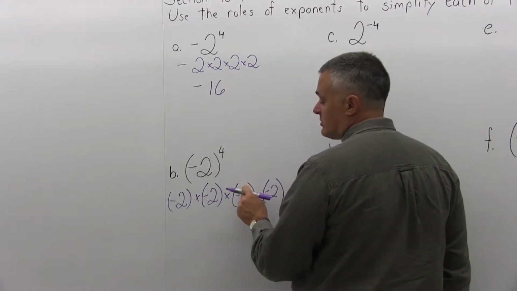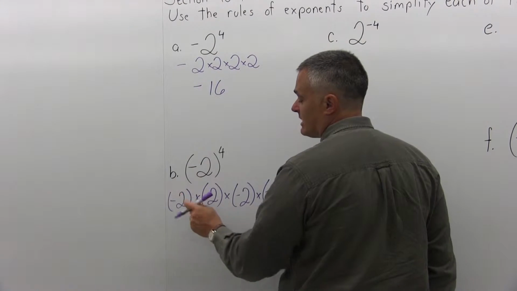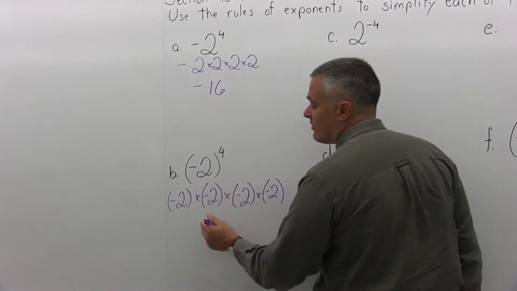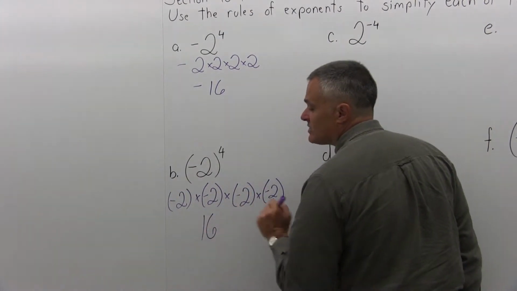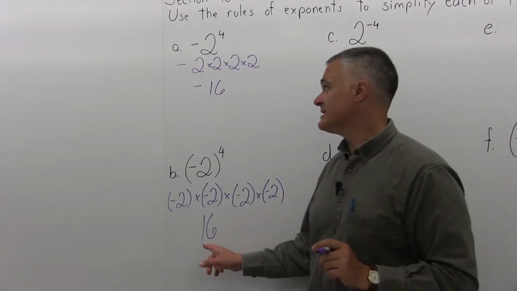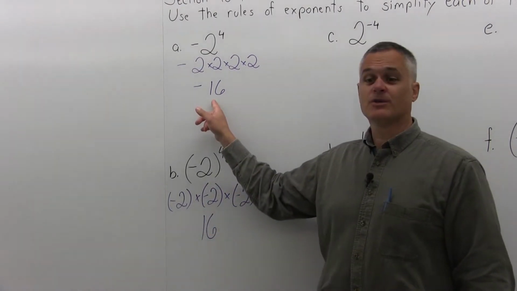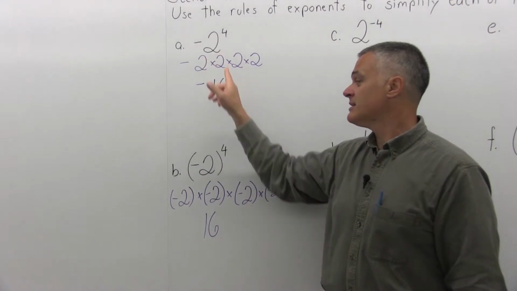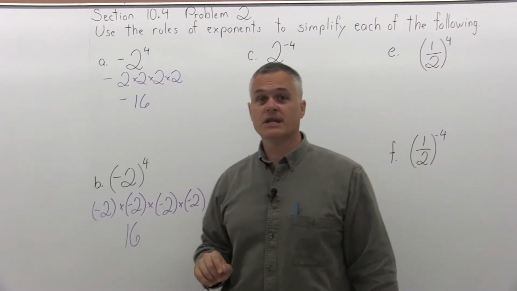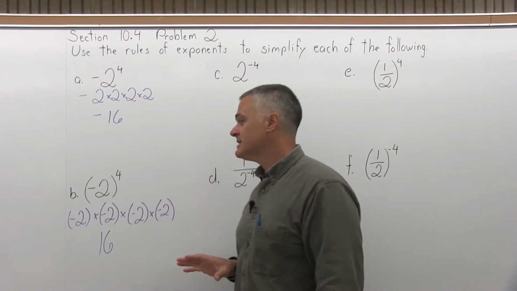Now 2 times 2 is 4, times 2 again is 8, times 2 again is 16, but now the even number of negatives cancel out, and the answer for part B is positive 16, as opposed to part A, which was negative 16. These two look very similar, but one's positive, one's negative, and that's a very common mistake.